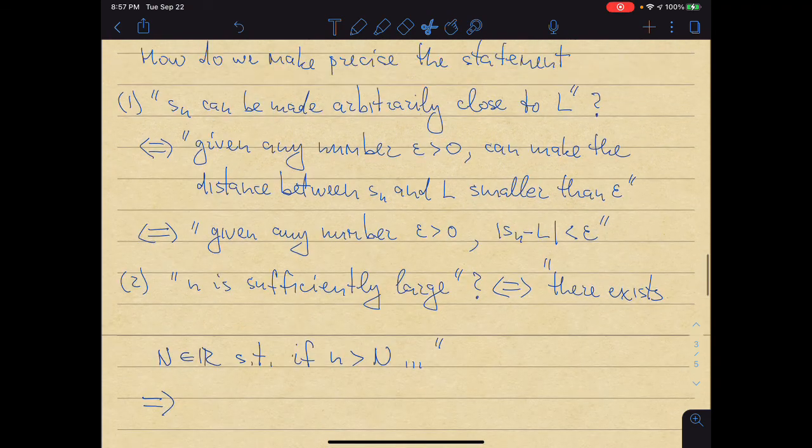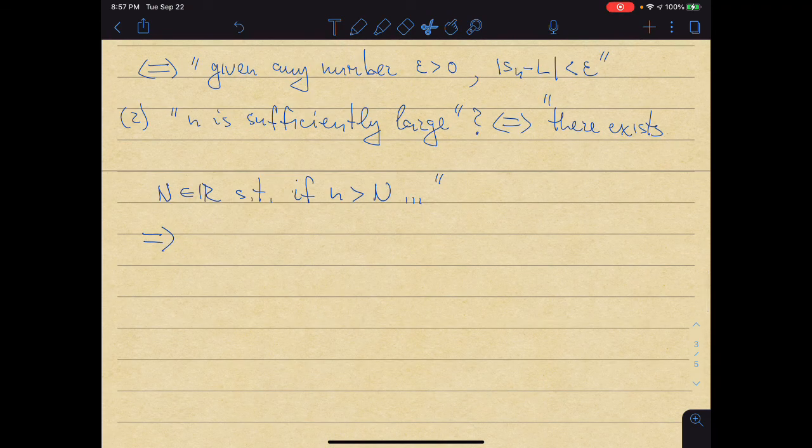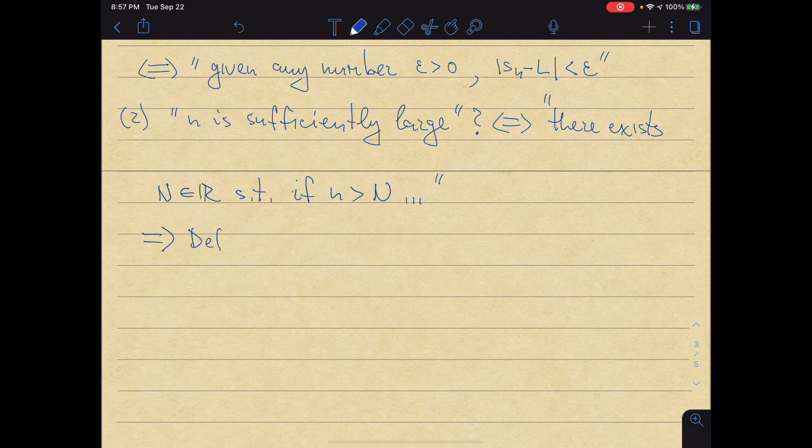So translating the whole thing into mathematical language, what I'm going to arrive at is this. The definition of the limit. And this is going to be absolutely the most important definition in this class, because I'm going to use this definition literally thousands of times.